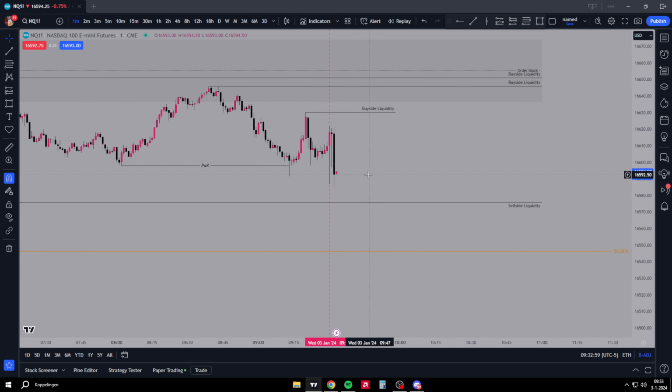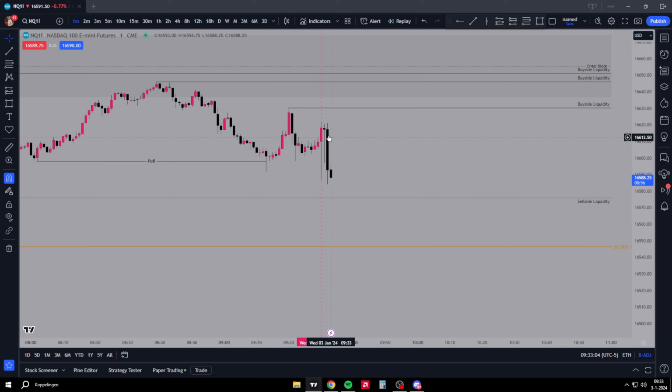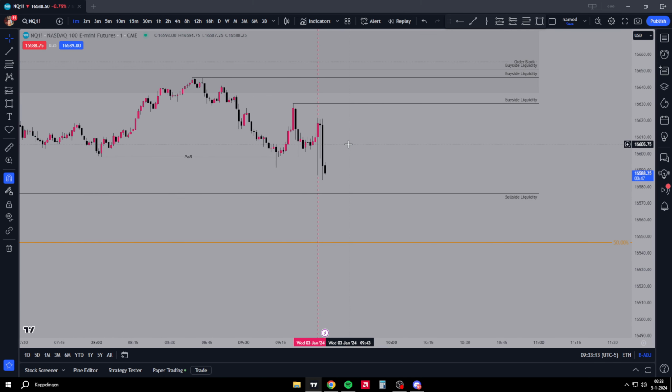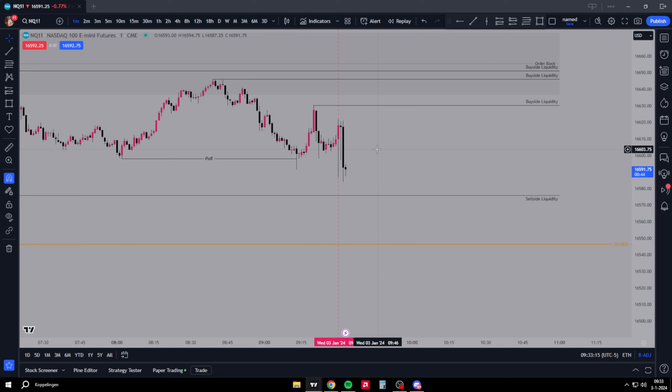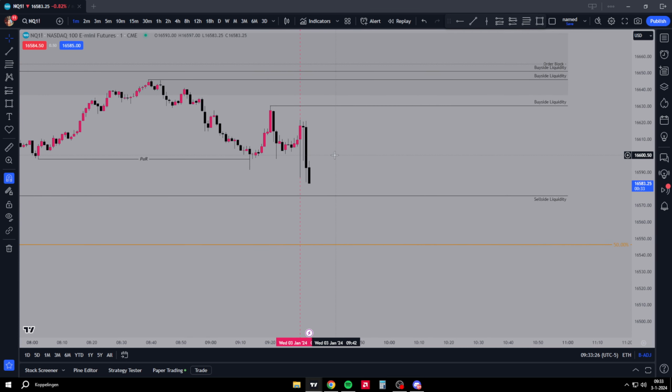So where could our Judas swing be? Our Judas swing could be all the way to the low, to equilibrium, and our Judas swing could be to the highs. That could be our Judas swing, because I'm opposite of what the market is doing in the first 10 minutes. And this sell side, I want to see us go through this sell side as well.